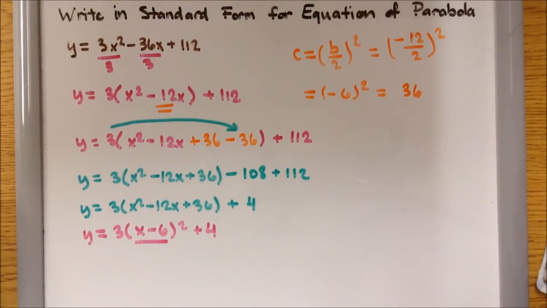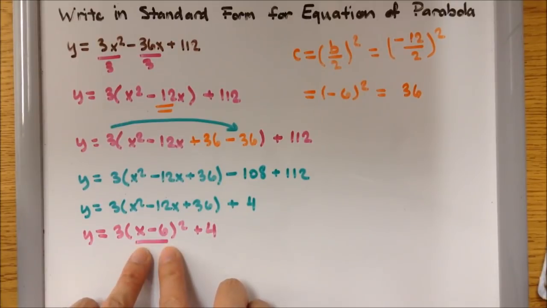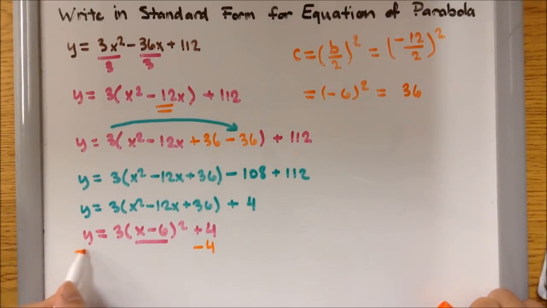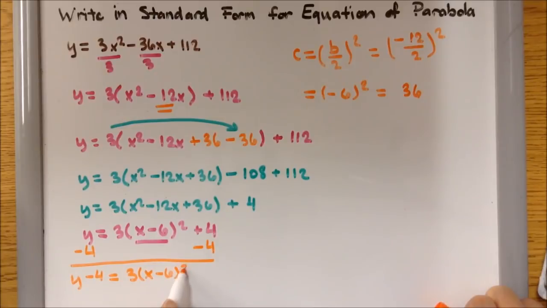So after that, I'm going to cancel out this 4 because my goal is to get x minus 6 squared by itself on the right side. I'm going to cancel out the positive 4 by subtracting 4 on both sides. So on the left side, it's going to be y minus 4 equal to 3 times x minus 6 squared.